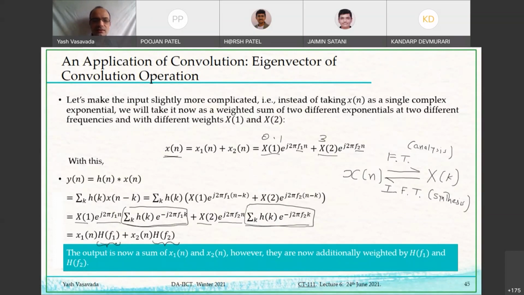So does this give you any hint of how to answer the question on the next slide? Harsh. Sir, h of f. You are saying the Fourier transform of y of n is going to be h of f? And will it be capital X of k into h of fk? And they give the right answer.